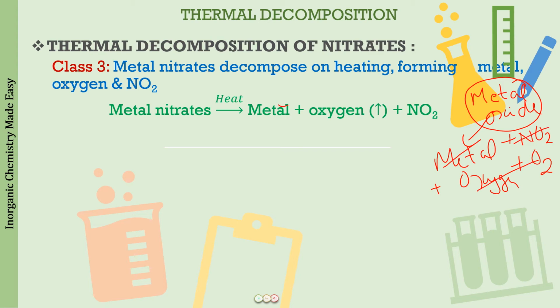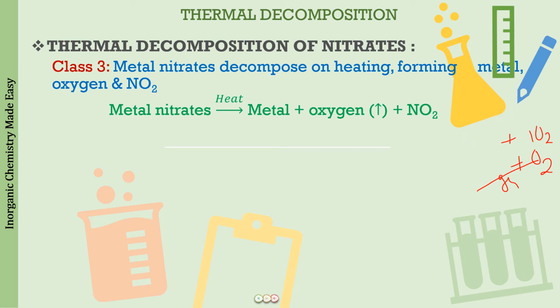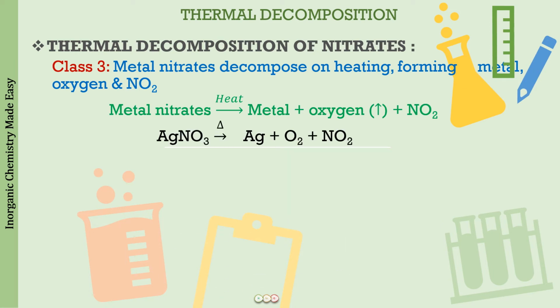So for mercury and silver, what you have to remember is that the metal oxide is going to be unstable and it is going to break down further into metal and oxygen, and that will be the products. Okay, so we have silver nitrate giving us silver, oxygen and NO2. The reactions you can balance, I hope. And then we have mercury nitrate giving us mercury, oxygen and NO2. So this should be now very simple.